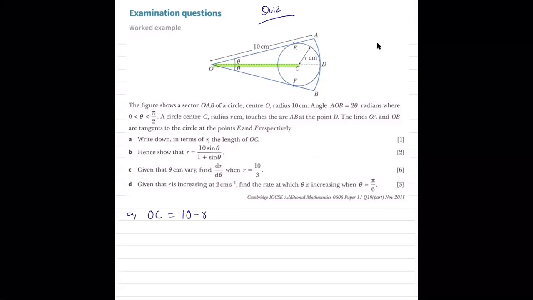Was this easy to figure out? Yeah, sir. Okay, then the next part says, hence show that r equals 10 sine theta over 1 plus sine theta. So we need to understand the geometry now. How many right angle triangles can you make over here?